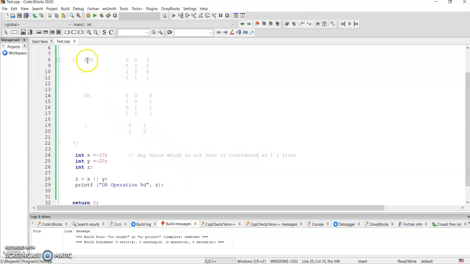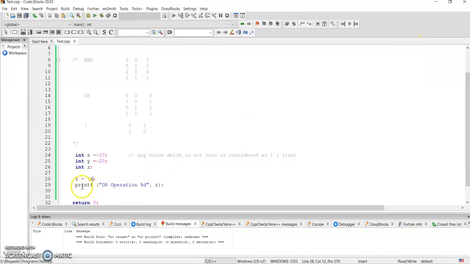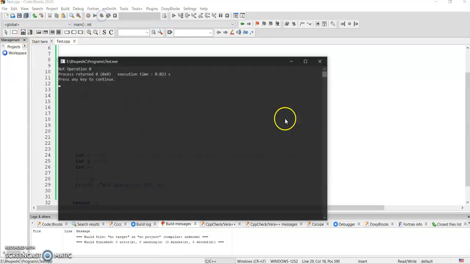As per the concept of the AND operation, if both are true, or 1, we have 1, and for OR, if any one is 1, we get 1. And similarly for NOT also, since I have written minus 10, NOT of x will be equal to 0. Let me see. Sorry, I meant the NOT operation. Let me save it and execute.